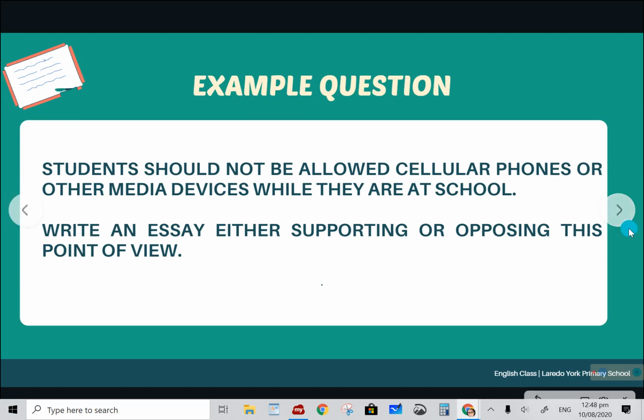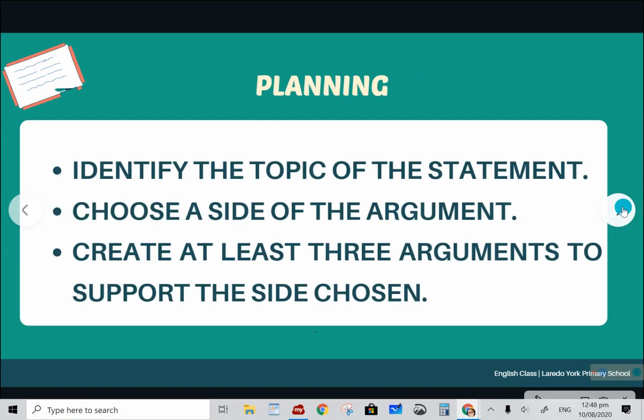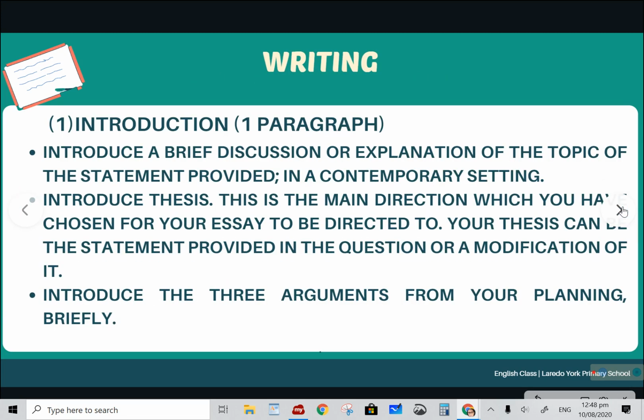Some students actually start their essay with the thesis, right? Which is, I believe, a lower level essay. You should always start your essay, as we said here, to introduce a brief discussion or explanation of the topic of the statement provided. Then you introduce your thesis. Okay? So you should try to have it in that order. So this will be the better and would create a better quality essay.